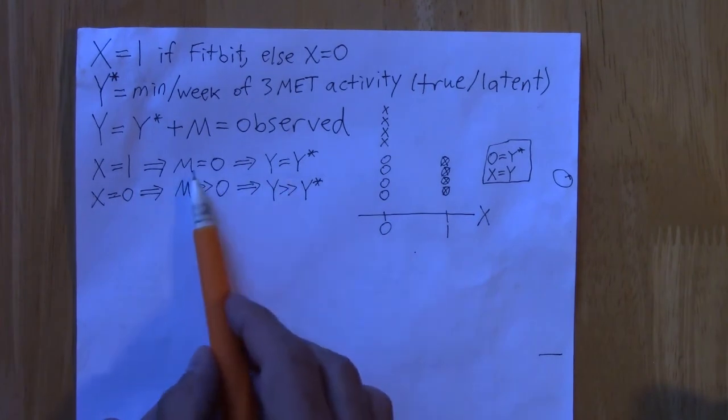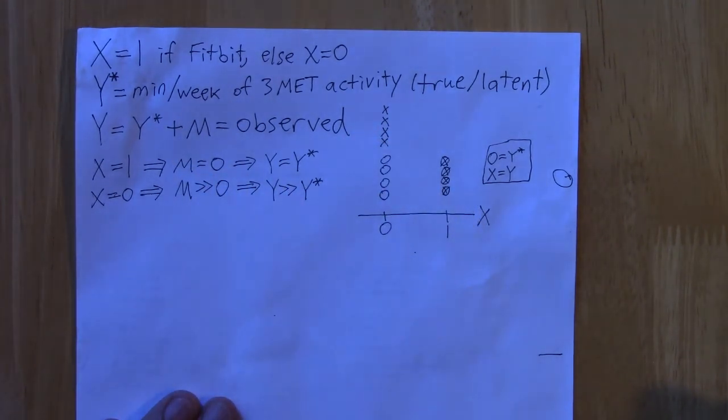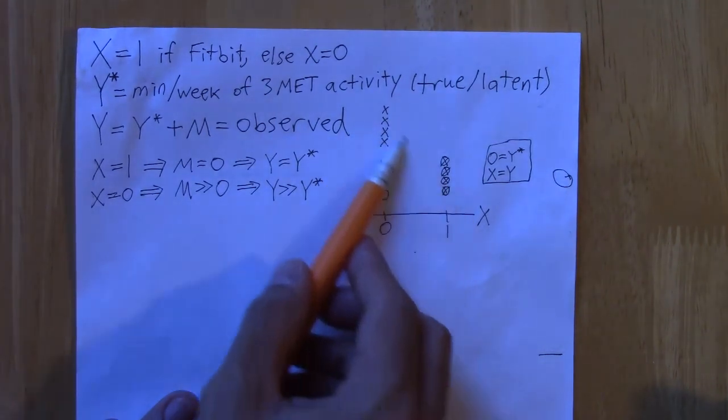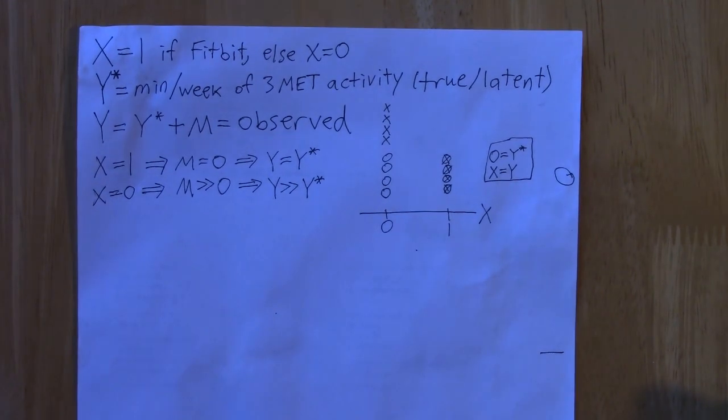So you can see this measurement error has a big negative correlation with x, and we get a big negative bias due to measurement error in our regression slope estimator.